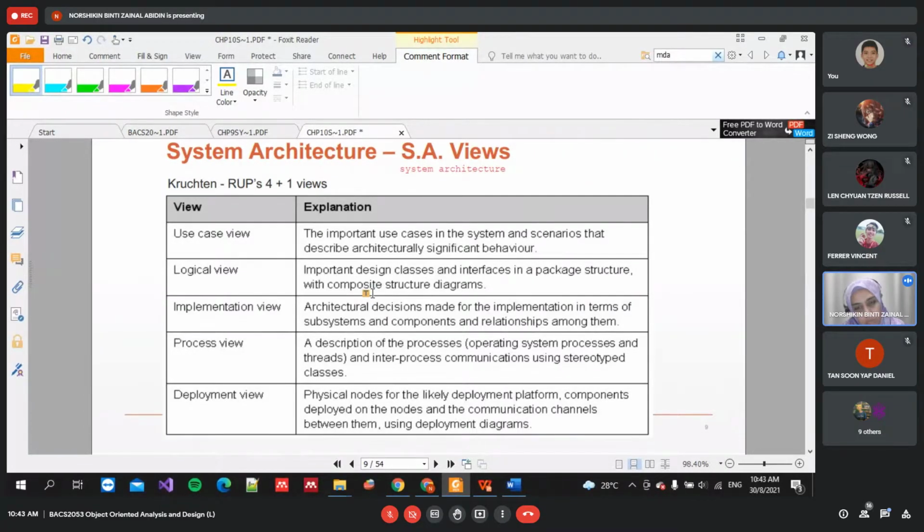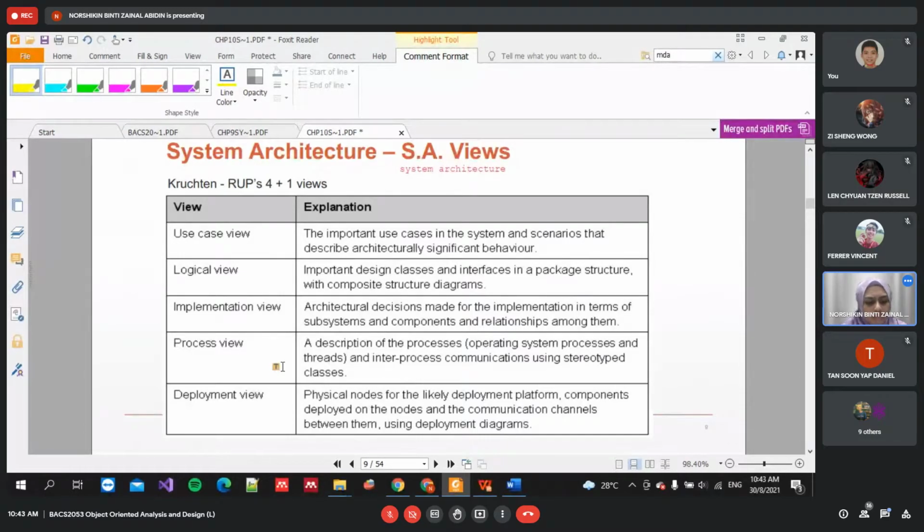So here is another diagram. What is a composite structure diagram? A structure diagram is a diagram that contains interfaces and packages. It shows the relationship between the interface and the package.